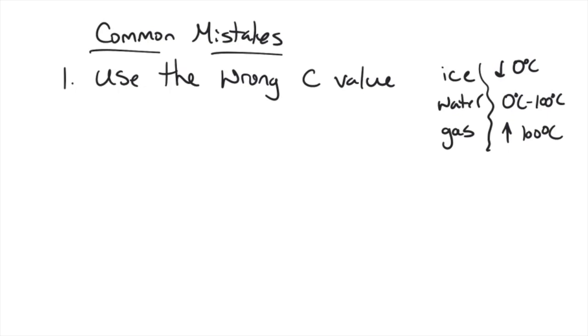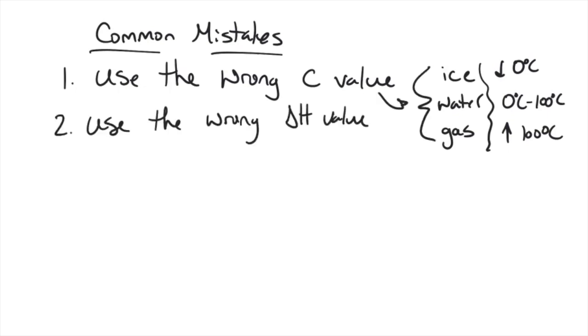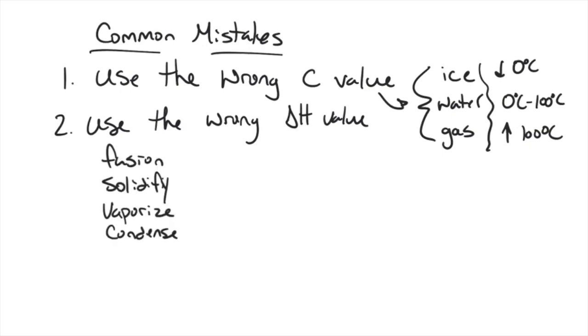Similar to the mistake from up above, the second one is that students use the wrong delta H value. Very rarely will I actually use these vocabulary terms in the problem, but rather I'm going to write a narrative describing the change that the state of matter goes through. And so you need to look at what state of matter you start in and what state of matter you're changing to in order to figure out which delta H value you're going to use.